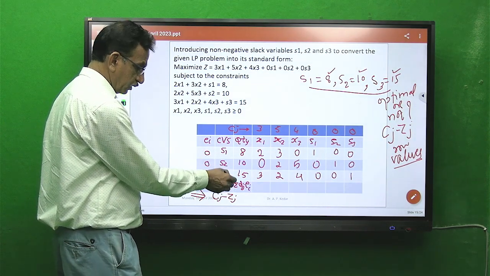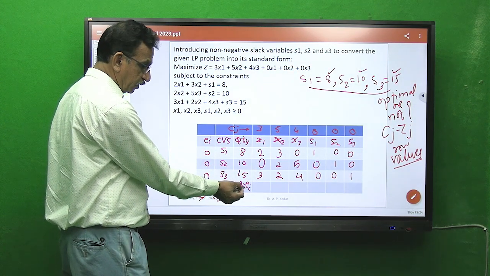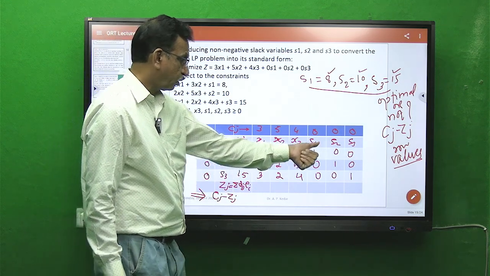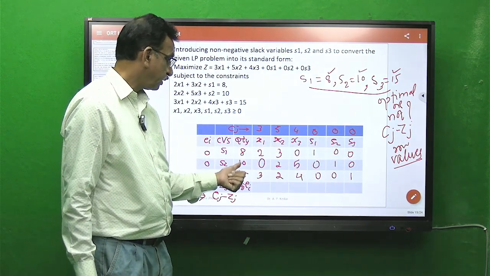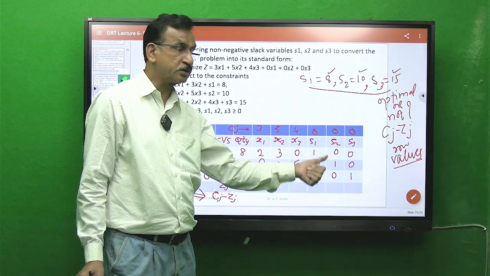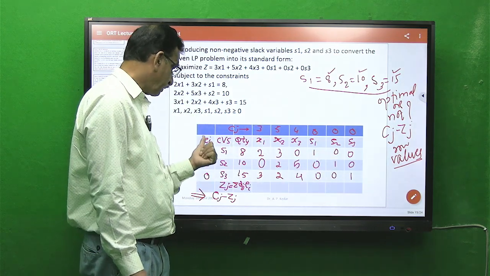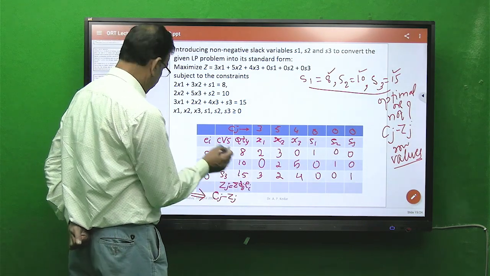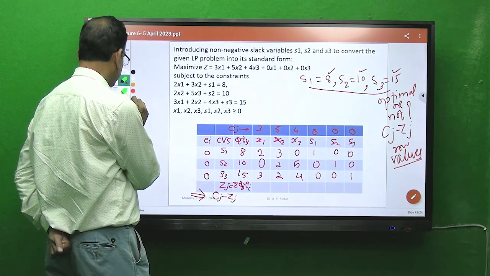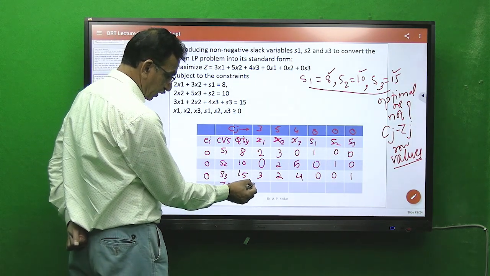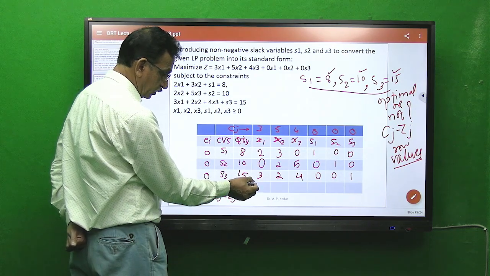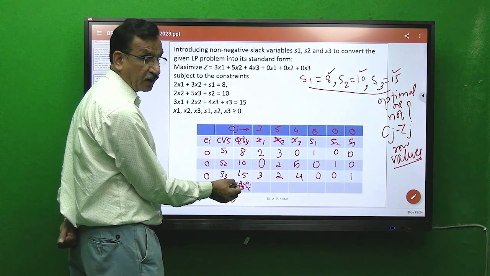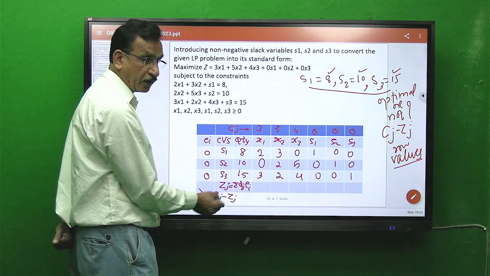Summation, addition, first multiplication of two terms. All these values represent Aij values in a simplex matrix, and these are EI values. So for getting the first value, under x1, it will be the summation of Aij into EI.